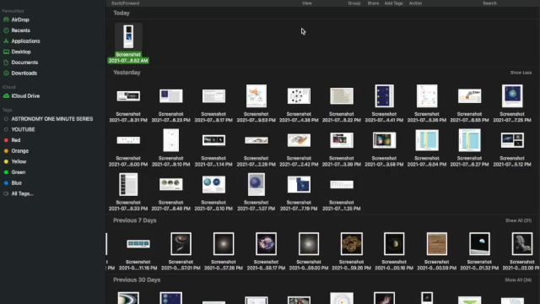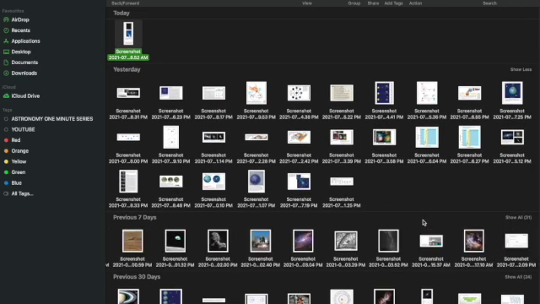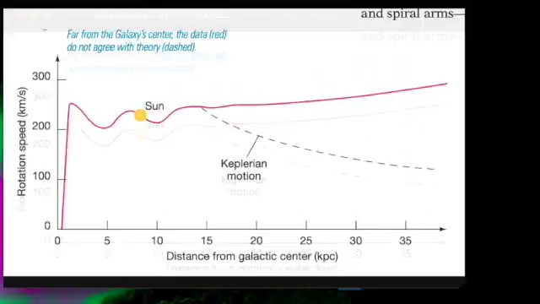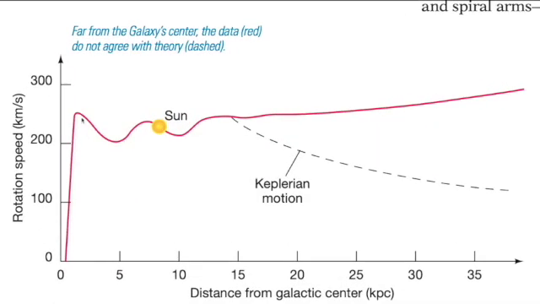Okay, so here we have evidence for dark matter. In this illustration we can see the center of the galaxy. The zero represents the center of the galaxy where the black hole is present, and according to Kepler, when we go away from the center, the velocity is going to decrease.